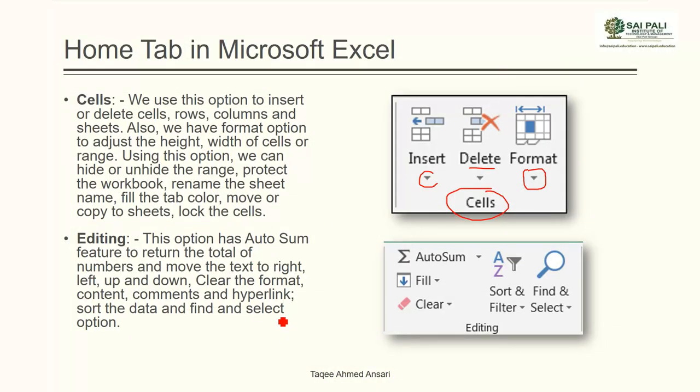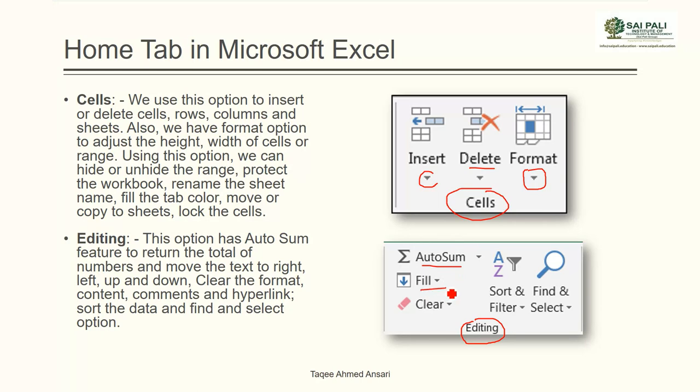Then the last group in the home tab is this editing group. In this editing group, we have this AutoSum command, where we have some predefined commands, the most common commands which we use in the Excel sheet, like sum, average, count, maximum, minimum. So it does those things automatically.